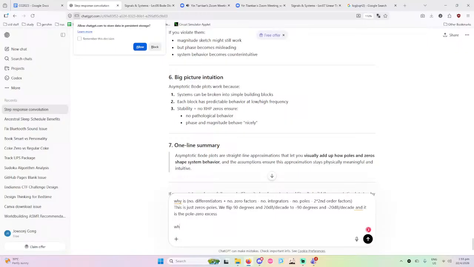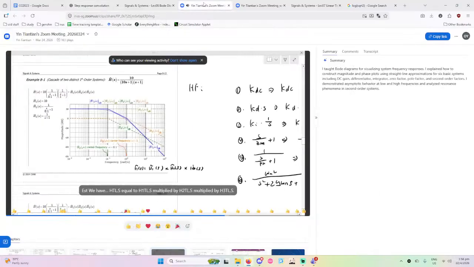So in the S domain, we have H tilde(s) equal to H1 tilde(s) multiplied by H2 tilde(s) multiplied by H3 tilde(s).